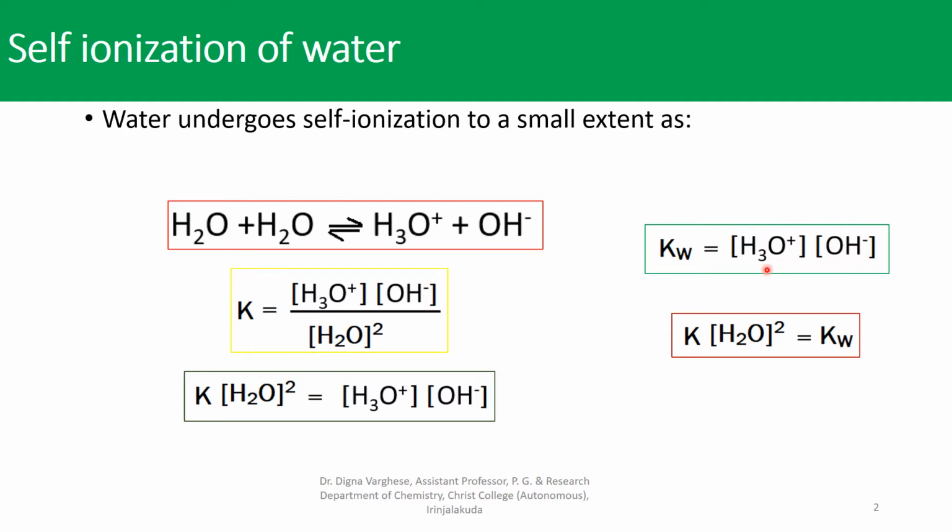Do you know what the term Kw indicates? Kw is the ionic product of water. So it is equal to the molar concentration of hydronium ion times the molar concentration of hydroxyl ion.